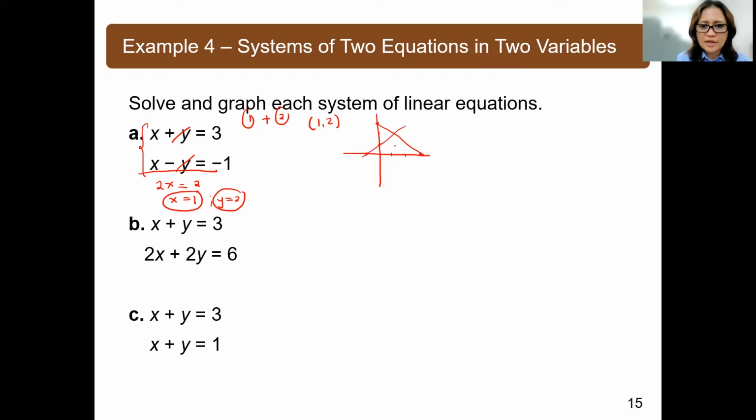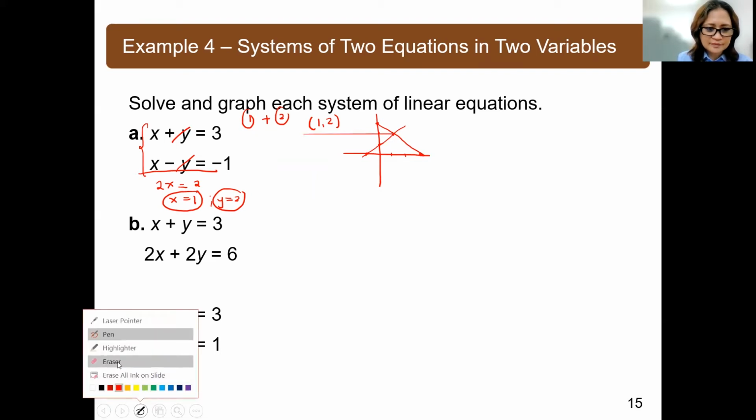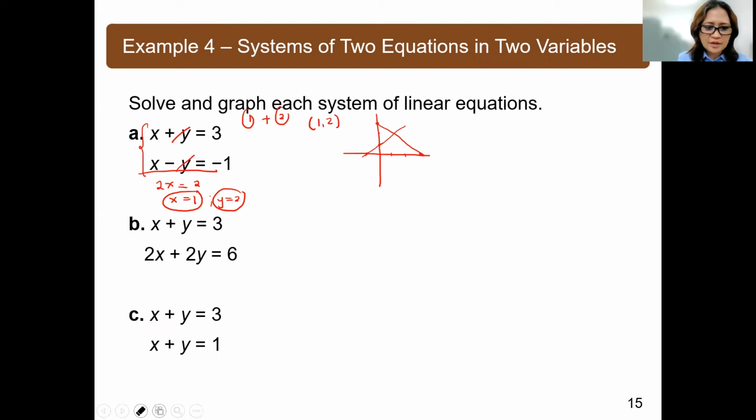Okay, so notice that the 2 lines intersect. So we can see here that the 2 lines intersect, and this point of intersection is actually the point (1, 2). This is the point of intersection of the 2 lines.